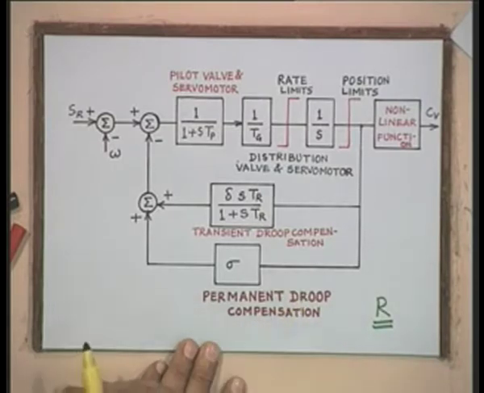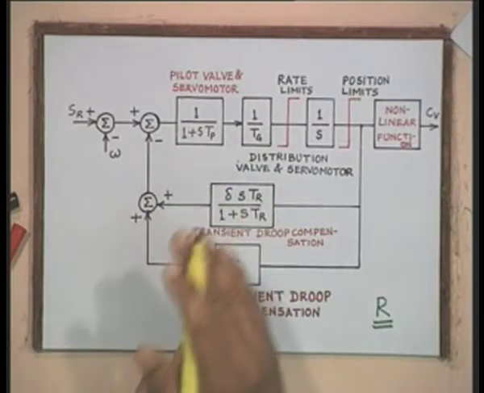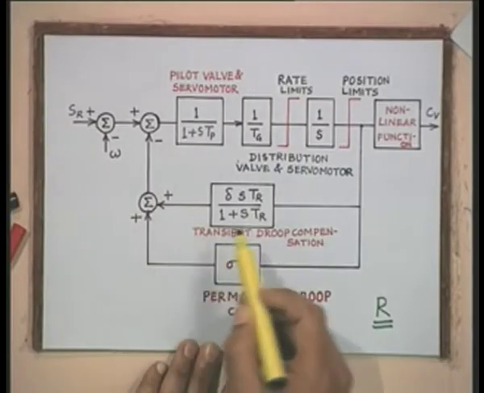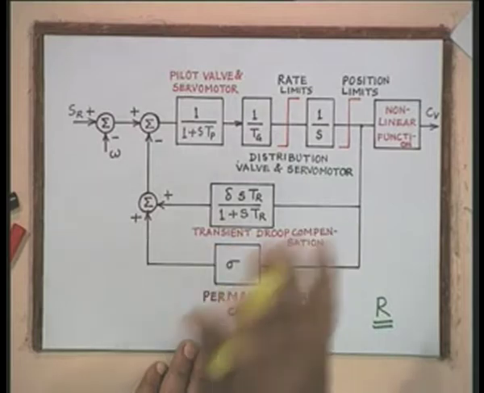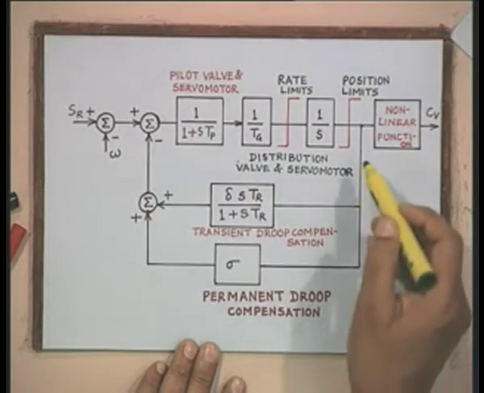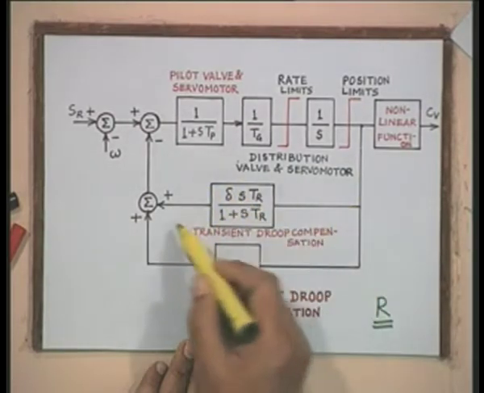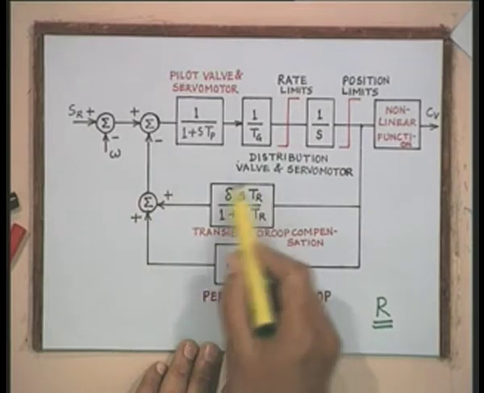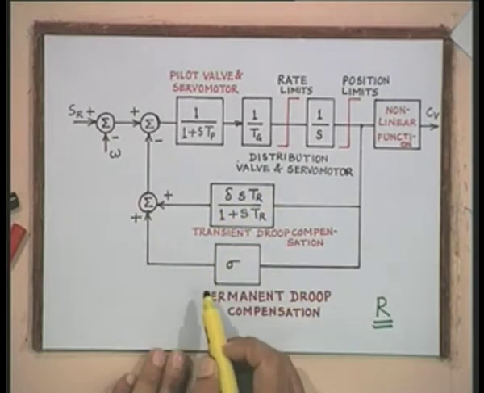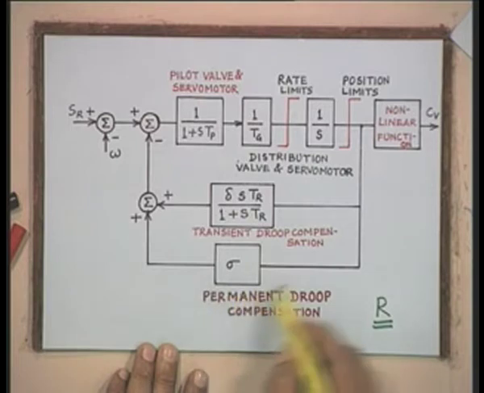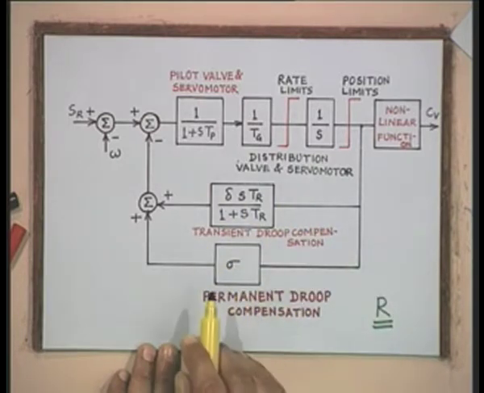The meaning here is that when the system is in dynamic condition, there will be output from the dashpot, and the moment the system attains the steady state condition, there will be no output signal from this transfer function, and therefore the net droop will be determined by the permanent droop sigma only.